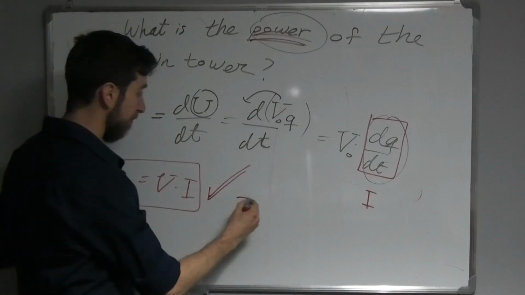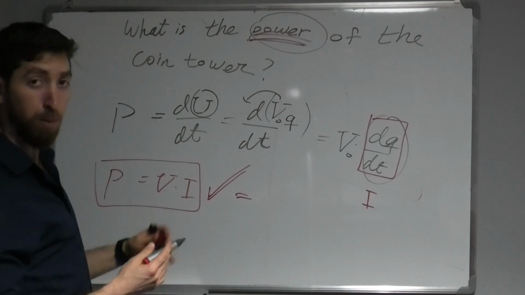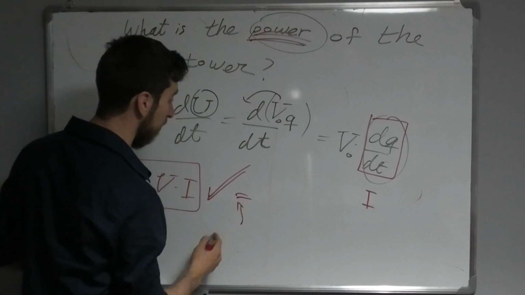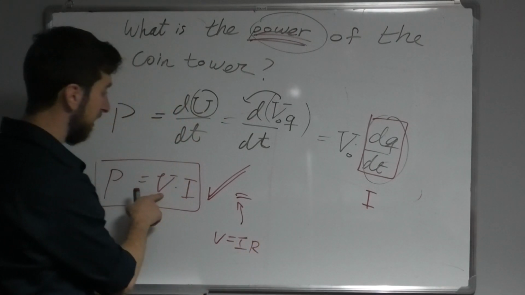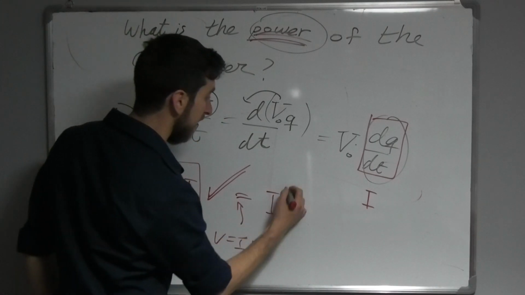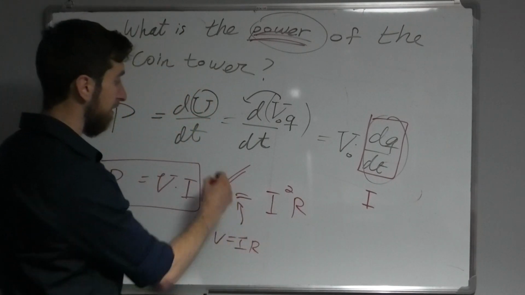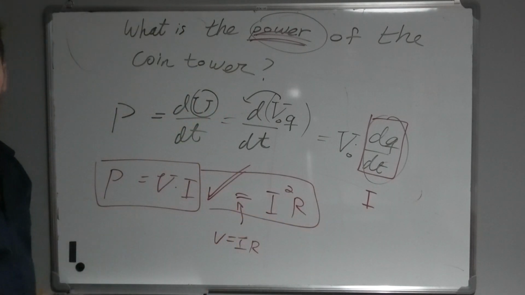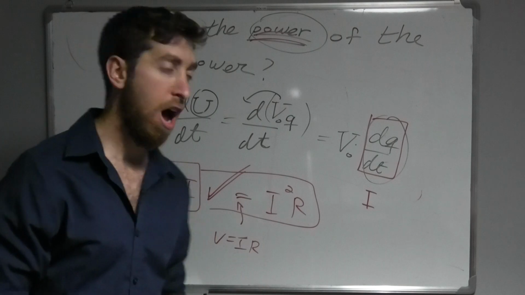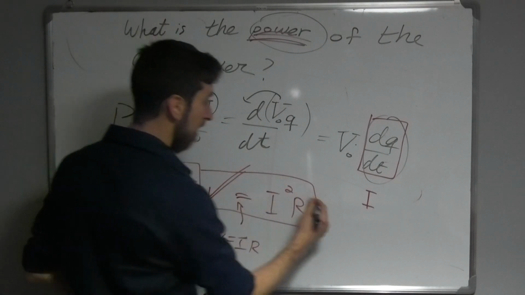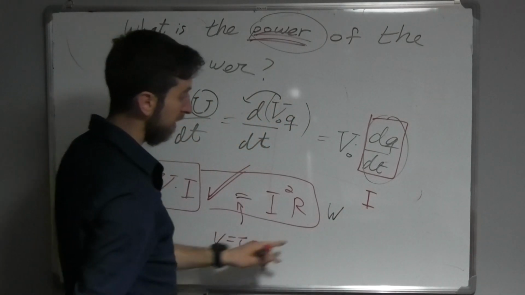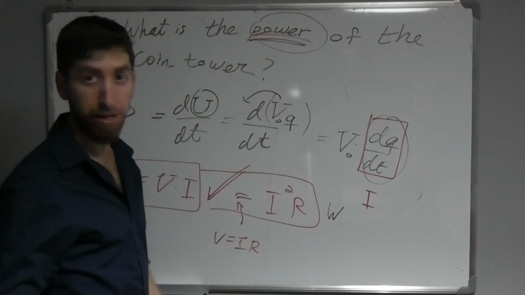We can also make it even more simplified by using Ohm's law, V equals IR, right? And put it in instead of V, and then I see I squared R. Another interesting way to present the power. How much energy do they produce in time? The units are watts, okay?